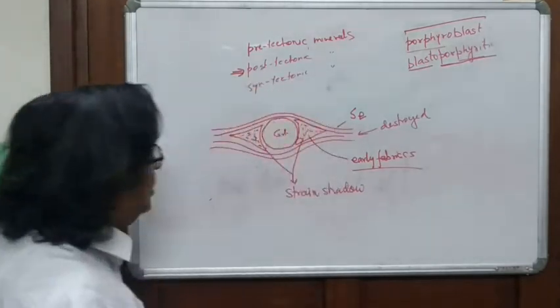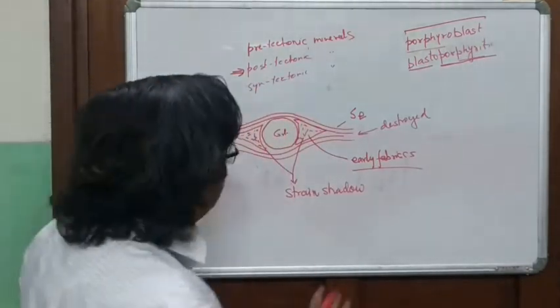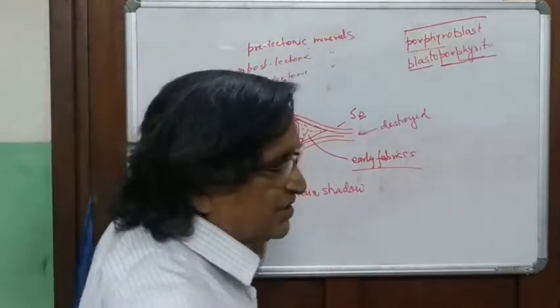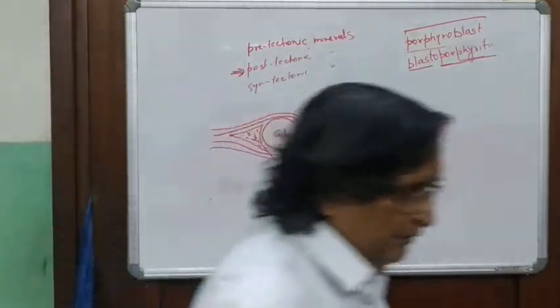Now, say for example, this is a typical example of a pre-tectonic porphyroblast. A pre-tectonic porphyroblast.